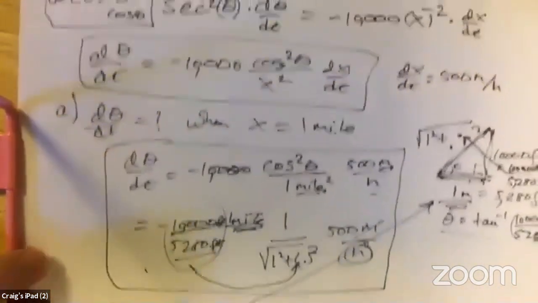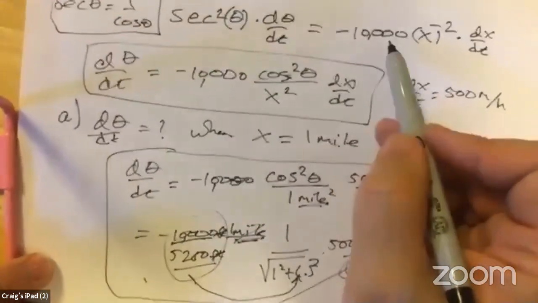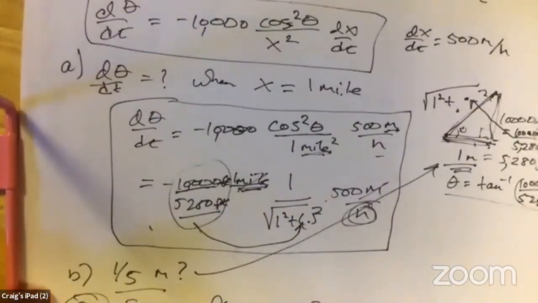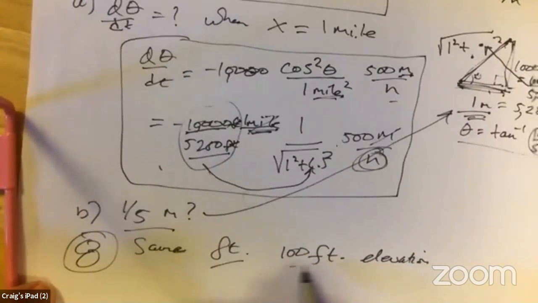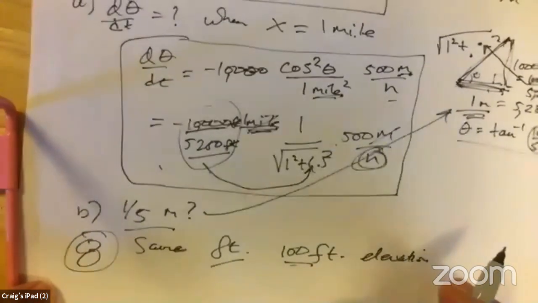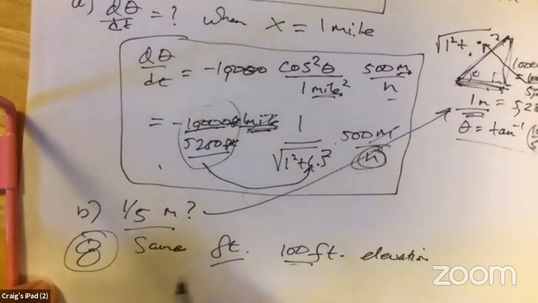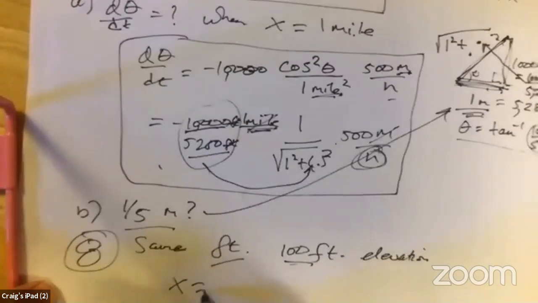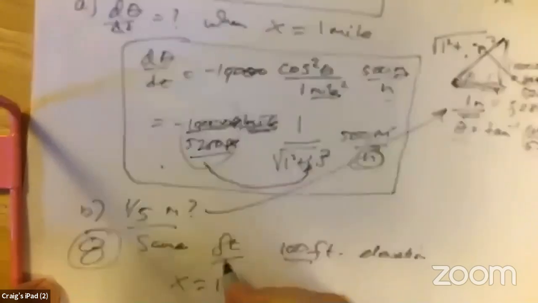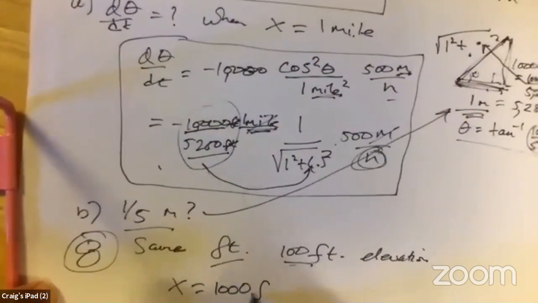So you're just going to change that 10,000 feet to 100 feet. So same problem. And then the only difference is that they also talk about it being when x is 1,000 feet away, that sort of thing.